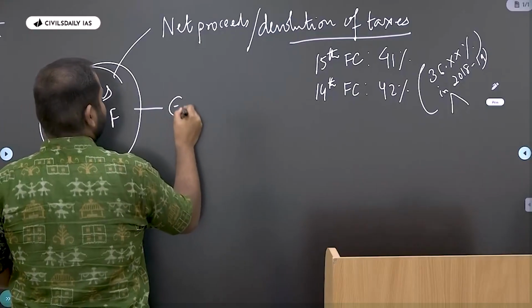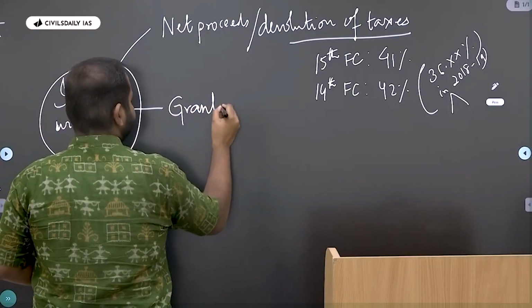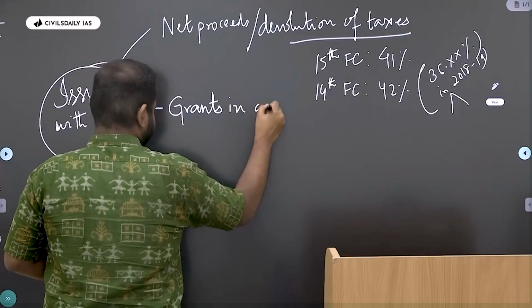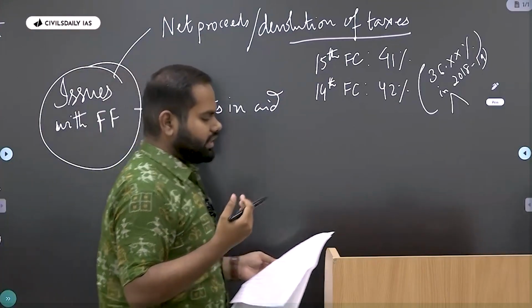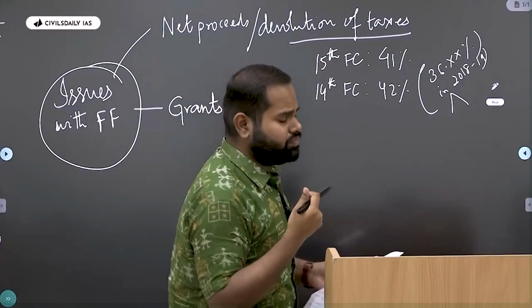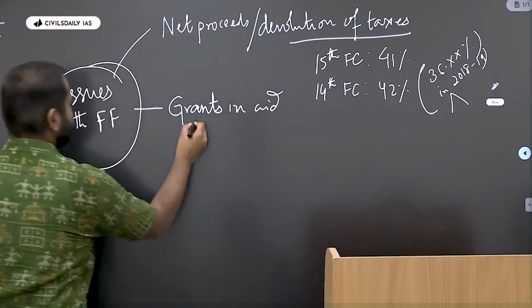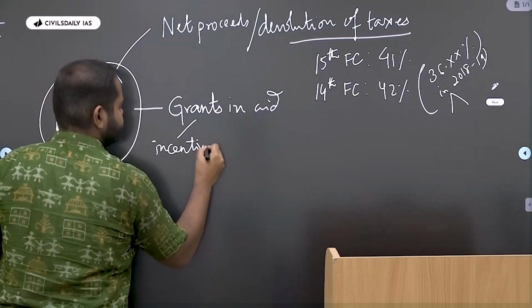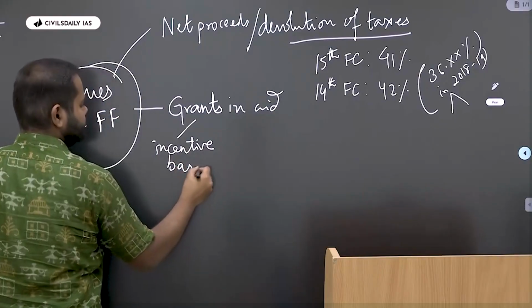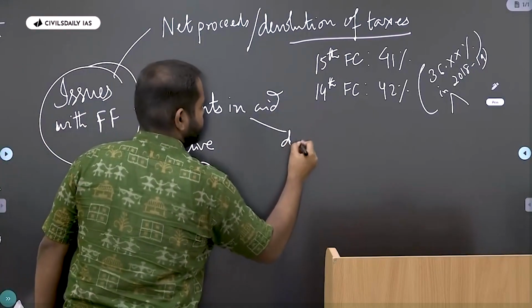And the second is the contentions on grants in aid. There is a tussle on the principle on which grants in aid have to be given, whether it should be incentive based or deficit based.